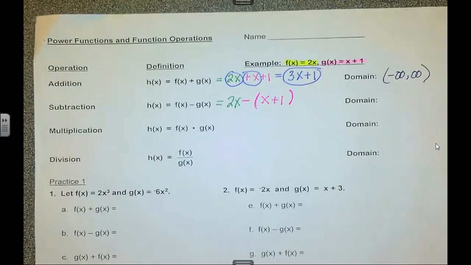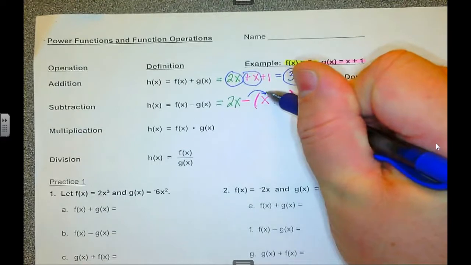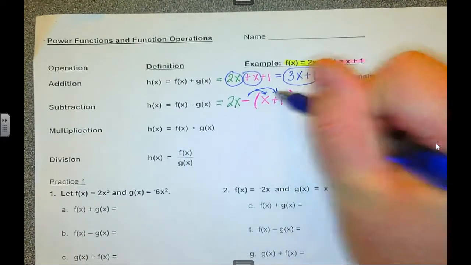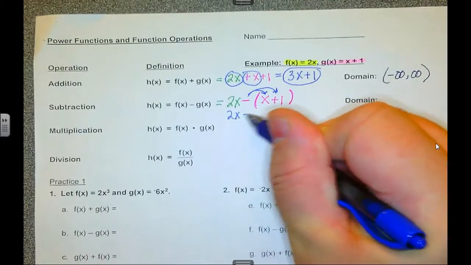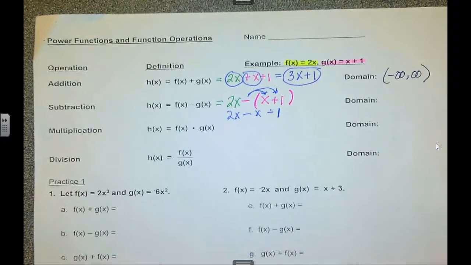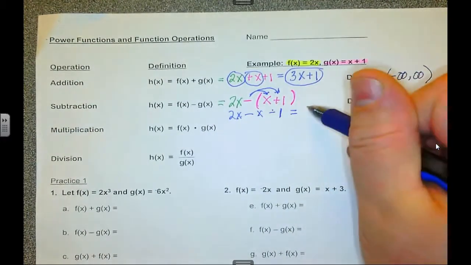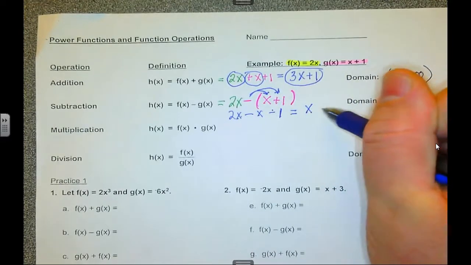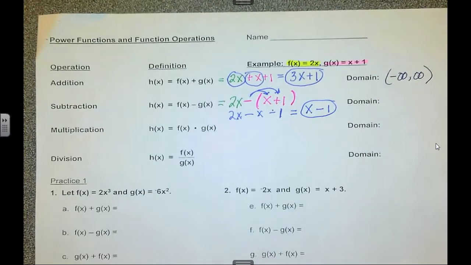Because if you don't use parentheses, you're going to forget to distribute the minus sign. So I get 2x minus x minus 1. 2x minus x is 1x minus 1. So that's my new h of x, which is f of x minus g of x.